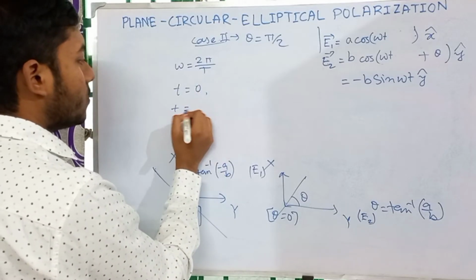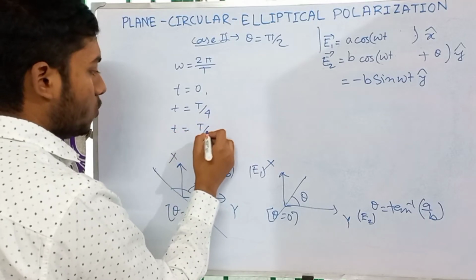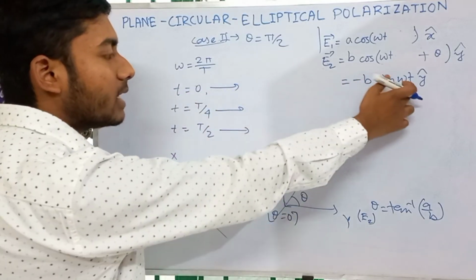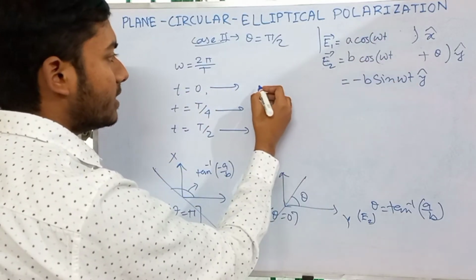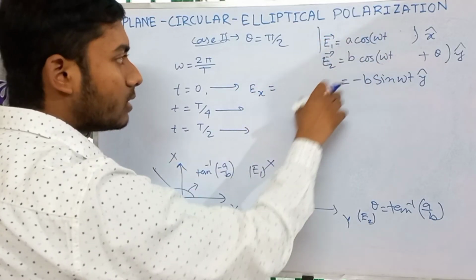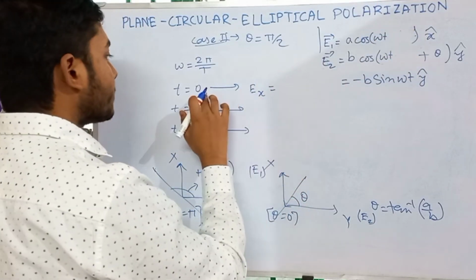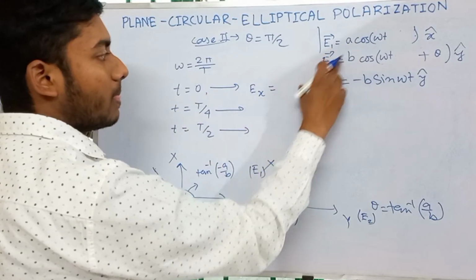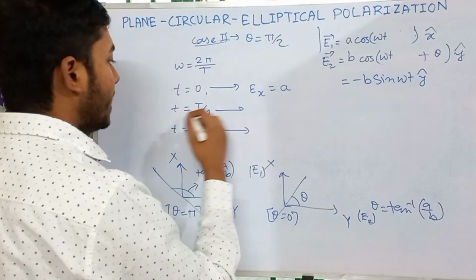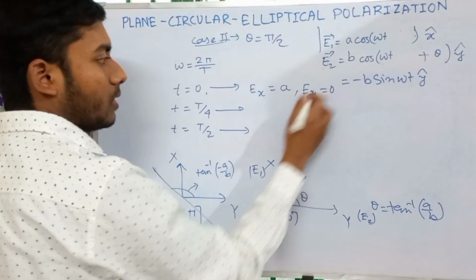then t equals T by 4, t equals T by 2, like this. Then what happens at t equals 0? If we put t equals 0 here, we get that Ex, that is the component of E1 vibrating in the x direction, has amplitude A, and Ey will be 0.